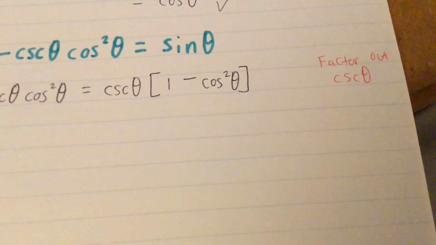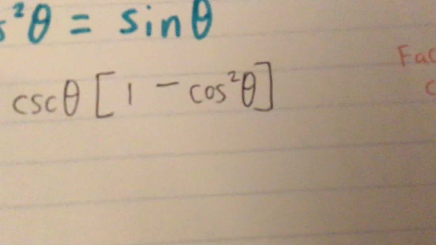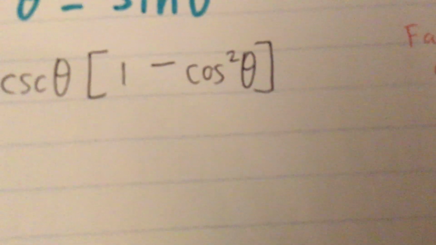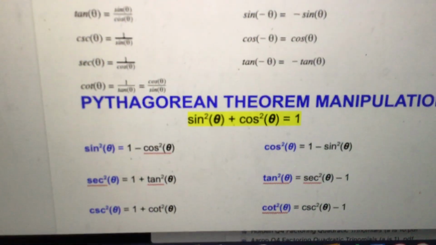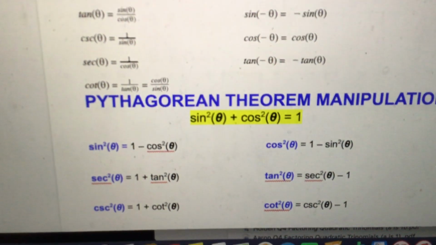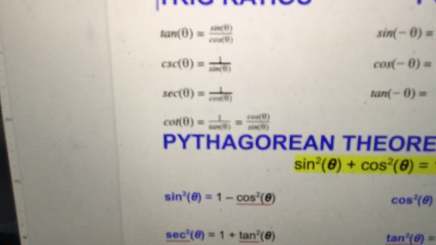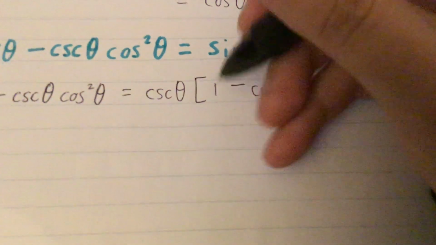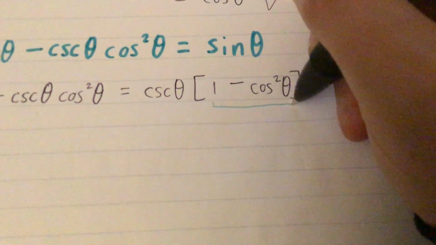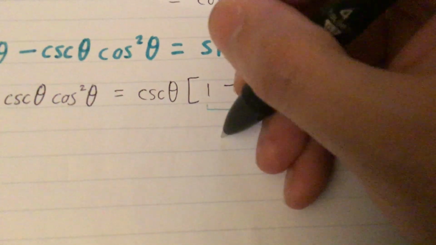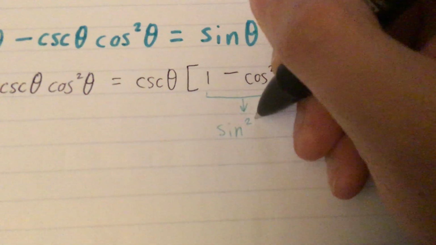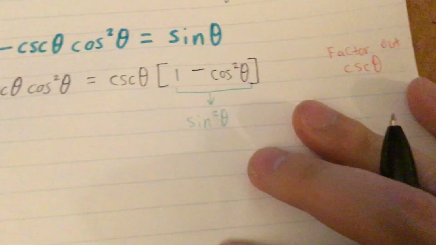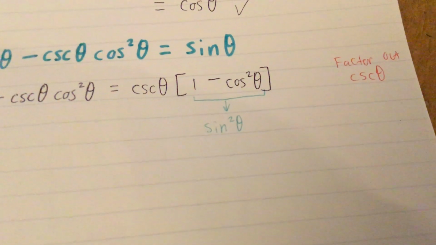And now, hey, I see a Pythagorean theorem manipulation from 1 minus cosine squared of theta. Hey, 1 minus cosine squared of theta, where do I see you anywhere? Sine squared. So if 1 minus cosine squared of theta is sine squared of theta, now I'm in business.